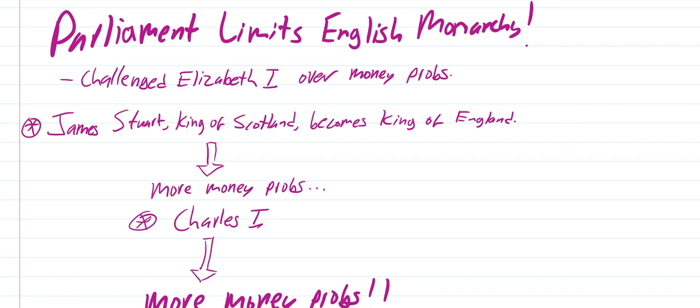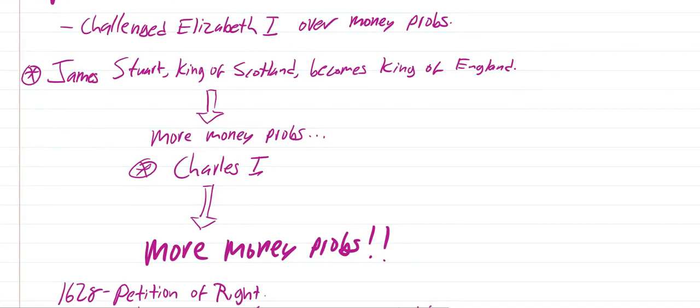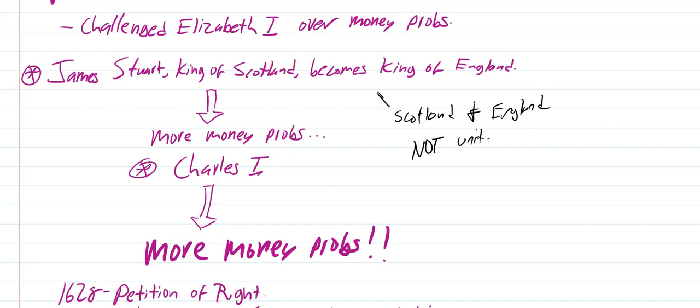Now, James is already the king of Scotland. Here's the deal. Elizabeth didn't leave an actual heir. She had no children, and so they said, okay, well, James Stuart is already the king of Scotland, let's let him be the king of England as well. Now, this is a pretty weird situation because you gotta remember, Scotland and England are not united.